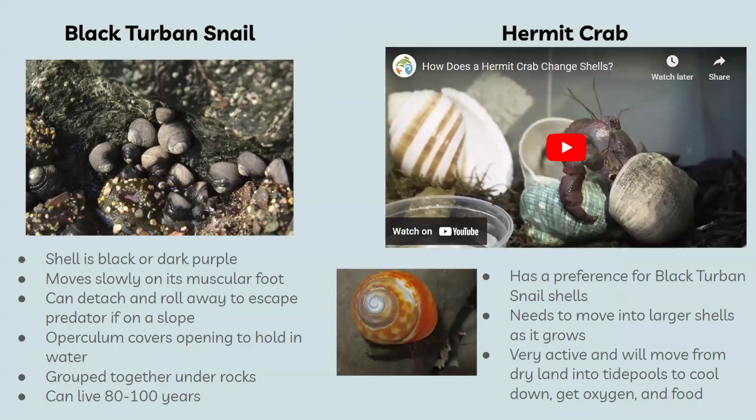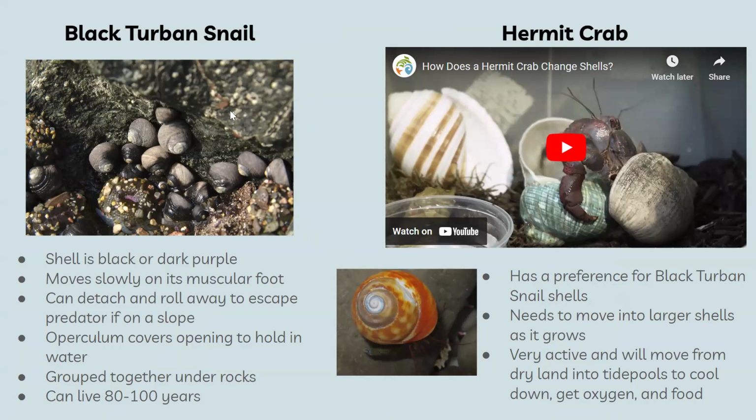Two of the most prominent species that you are going to see in this high tide zone are black turban snails and hermit crabs. Black turban snails are on the left here. It's related to the snails that you might see in your very own backyard crawling around in your vegetable beds. Black turban snail shells are almost a deep purple to a black color.